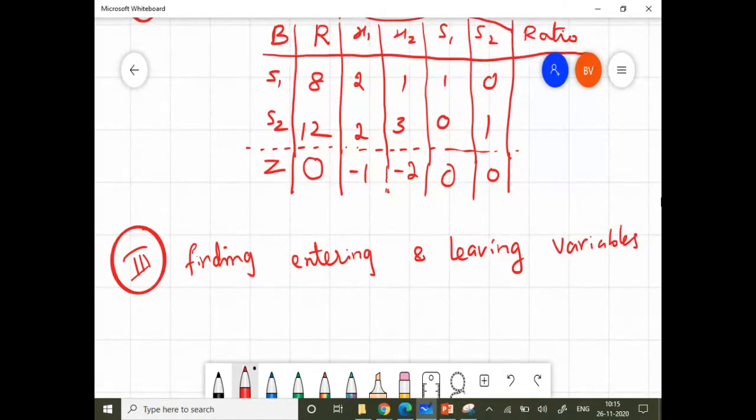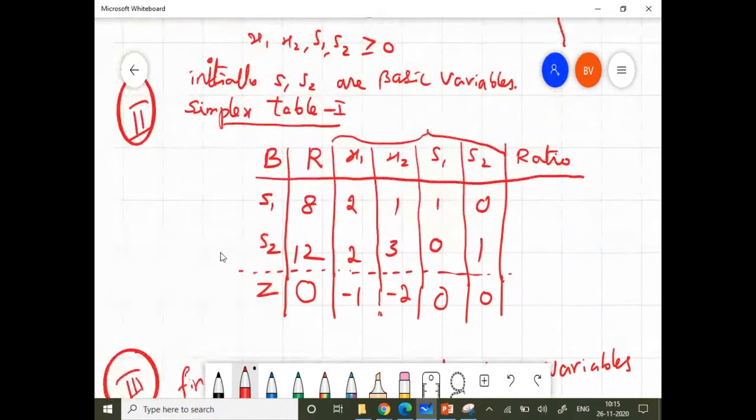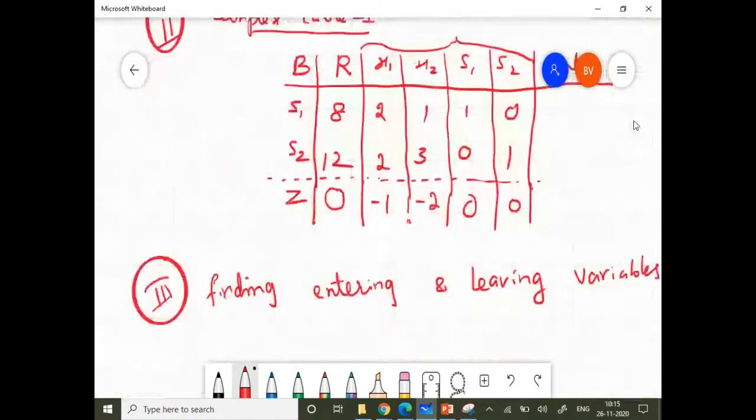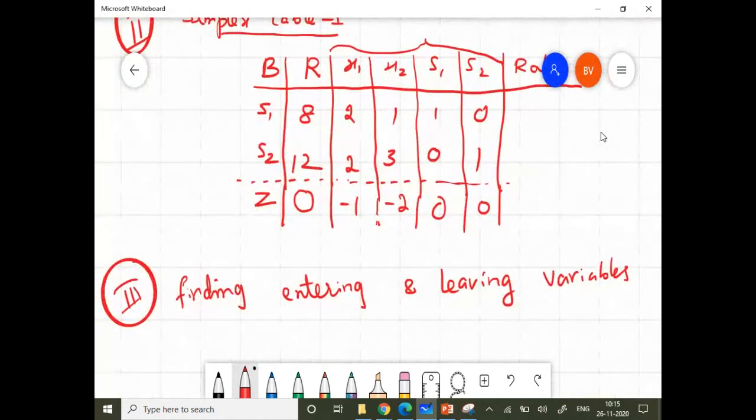That is step 3. After writing the simplex table in step 2, we are just collecting our information, filling the table, and then we find the entering and leaving variable. That's it.